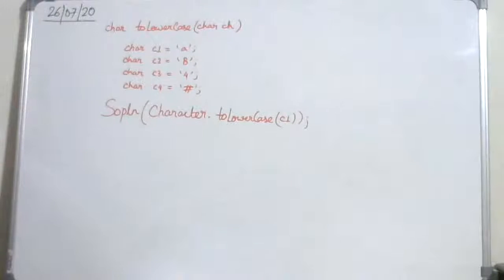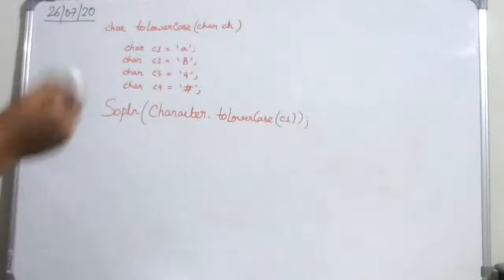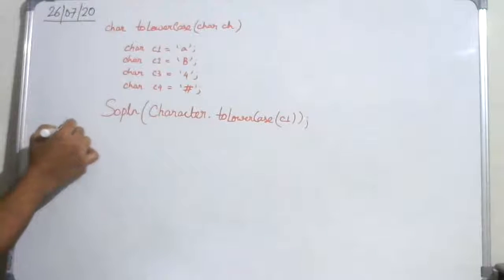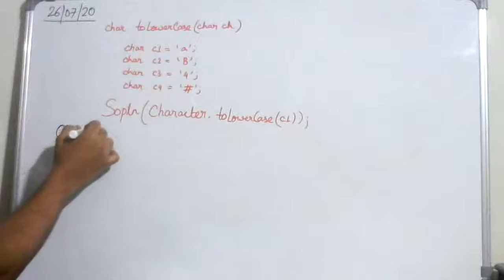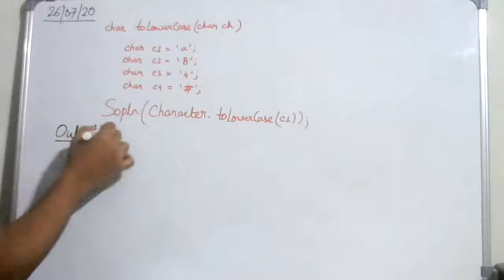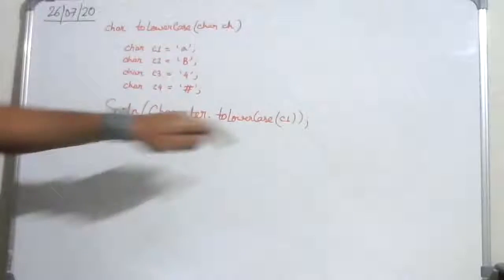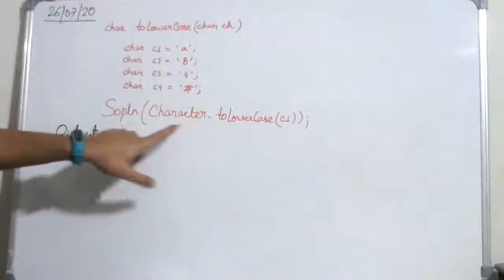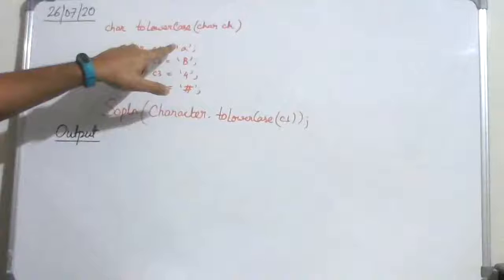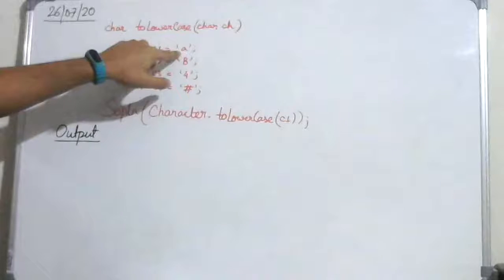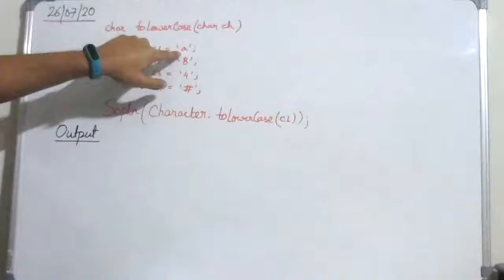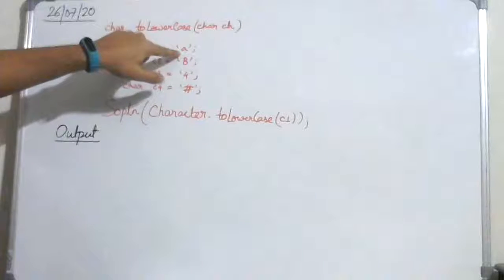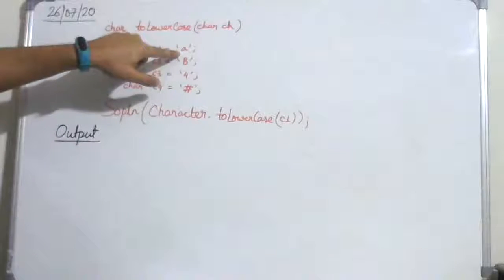Now what will this give me as an output? Let me write down the output here. When the variable c1 is passed as an argument to this particular function of the Character class, it checks whether the value stored in c1 is a lowercase letter.